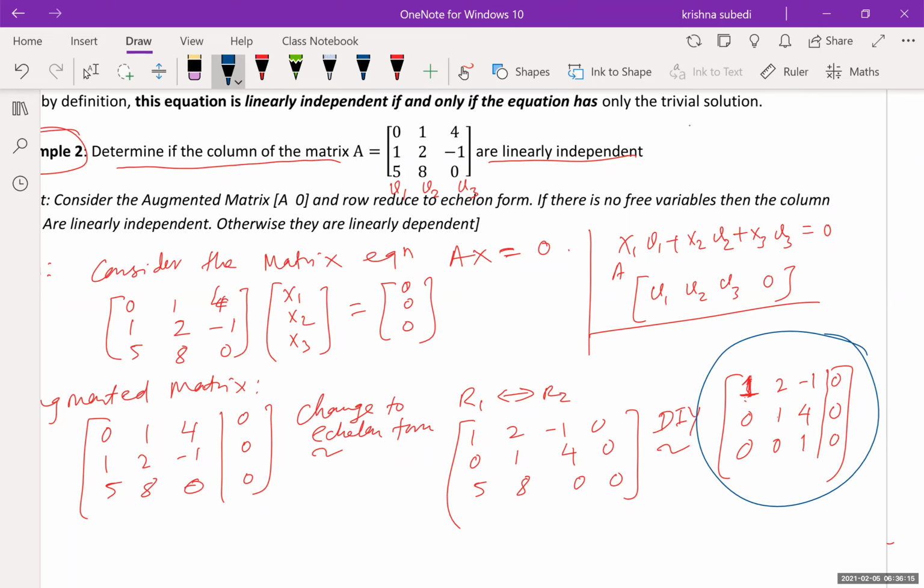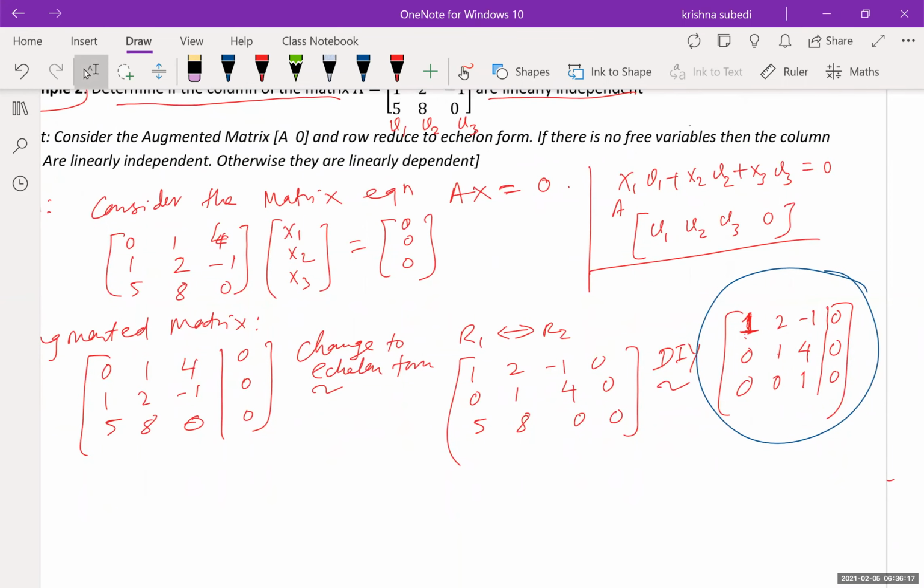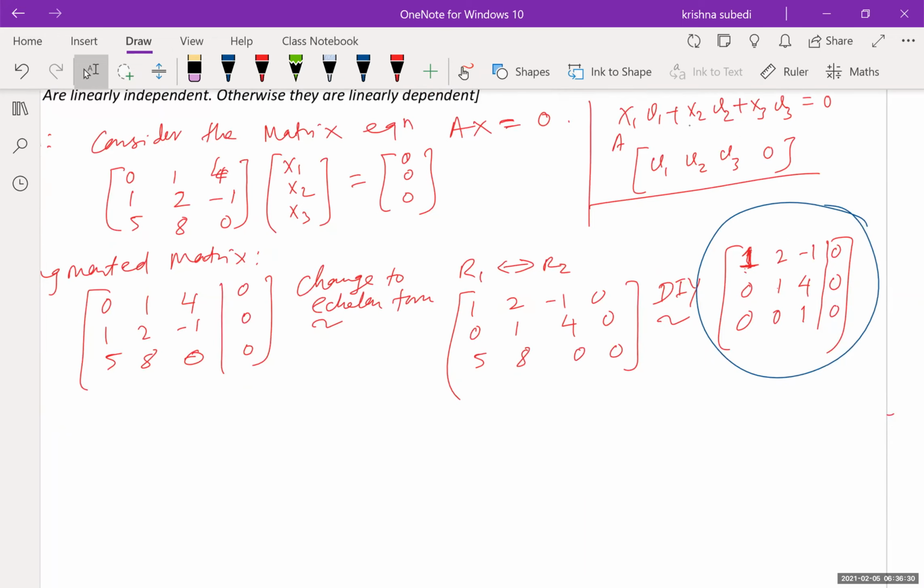Now the question is, is there any free variable? If there is any free variable, that means the system is linearly dependent, and no free variable means linearly independent. And clearly you can see that there is no free variable.